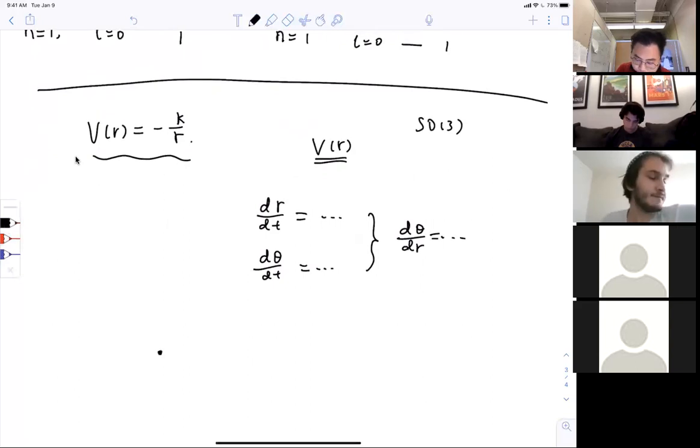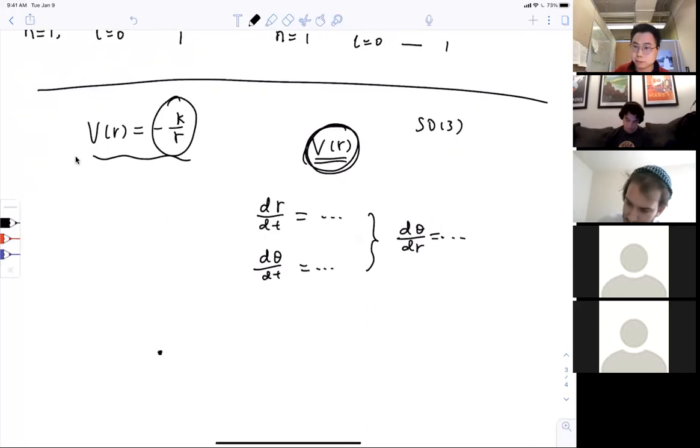The point I want to make is, for a general potential, the orbit is not closed in general, but the orbit is only closed when the potential is in this form.